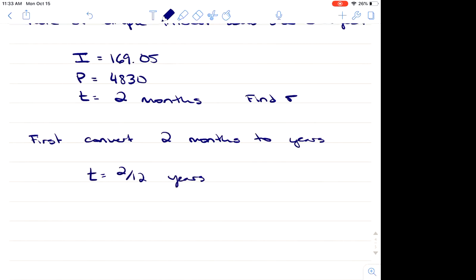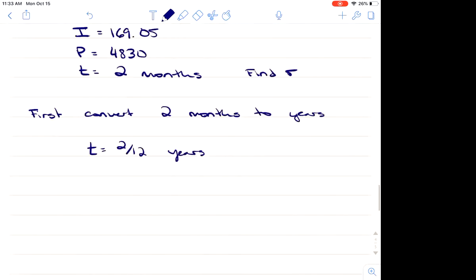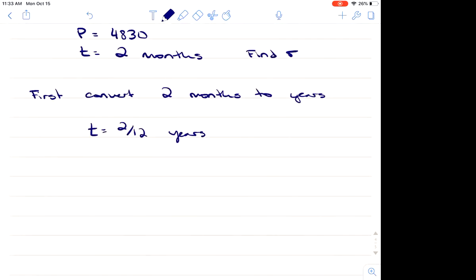All those assumptions. So T, we can just leave as 2 over 12, but if we don't want to deal with fractions, 2 over 12, we get 0.16666 repeating, right? So you have to keep all those decimal places, right? So that's why I'm going to just leave it as a fraction, but if you want to figure out how to store stuff on your calculator, we'll get to that probably this week.